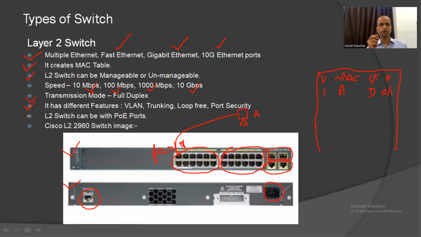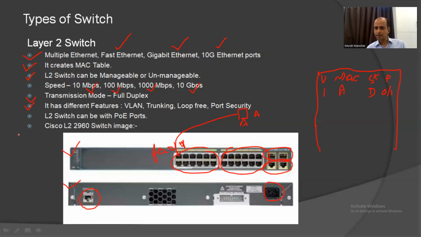Next point: a layer 2 switch can be configured for VLAN. I'm just giving a short intro to VLAN because we will discuss it in detail later. VLAN means virtual LAN. Actually, a single physical switch can be divided into multiple LAN segments, and these LAN segments are represented by a numeric value, and that numeric value is related to VLANs. By default, there is one VLAN on a switch, and that VLAN number is 1.